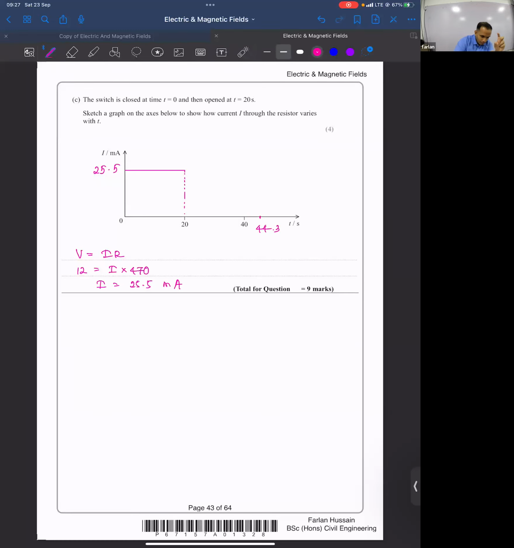So here 25.5 means the 1/3 of it will be roughly somewhere here. So I will take the current to be 1/3 of the initial value after 44.3 seconds. So it's going to be a graph like this.